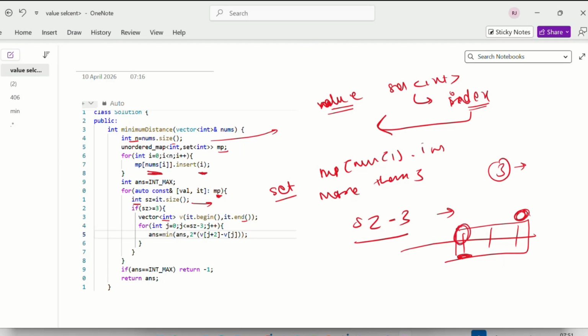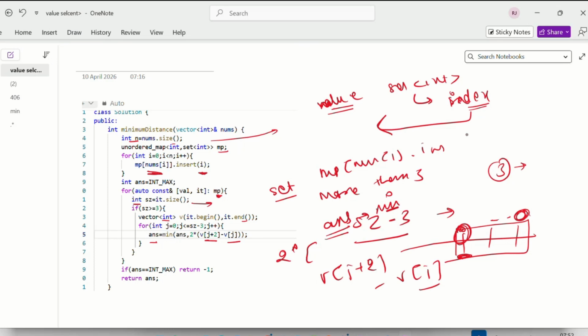We need to traverse only till the third-last index, because after this we need two more values. So we go till sz minus 3, where sz is the size of the set, and we will try to minimize our answer using 2 into v[j+2] minus v[j]. I have used this v[j+2] minus v[j] because I need the minimum answer value.